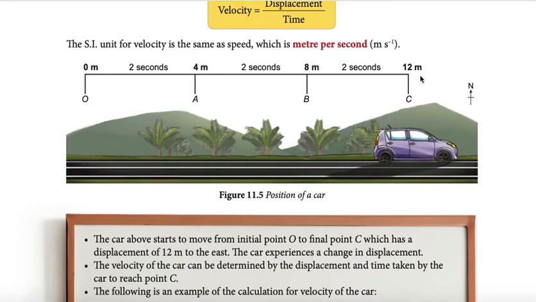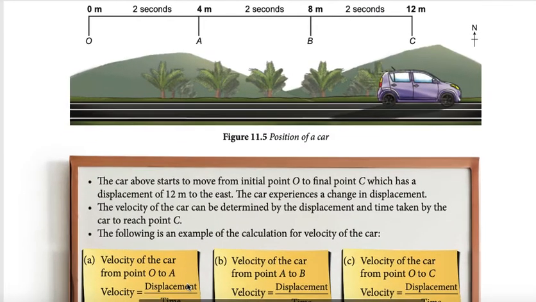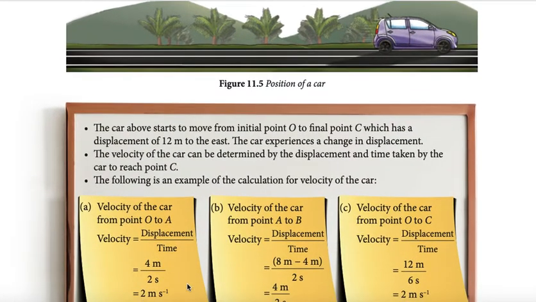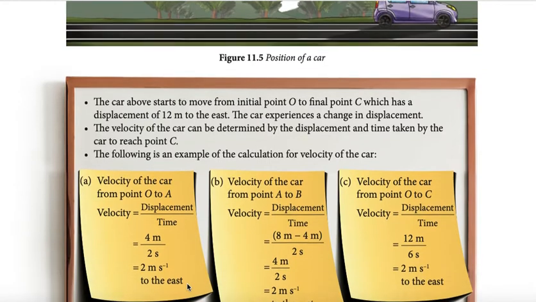The more this car moves, the more the change in displacement. The velocity of this car can be determined by the displacement and the time taken by the car to reach point C. Here are the examples of the calculation for velocity of the car.